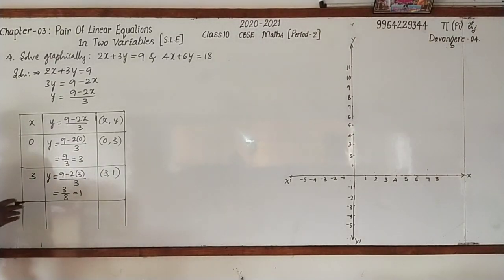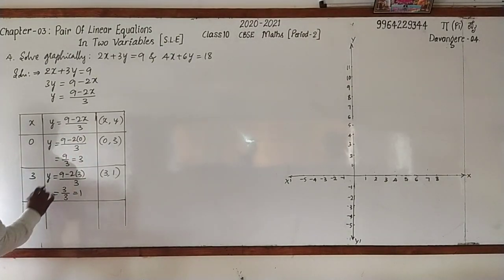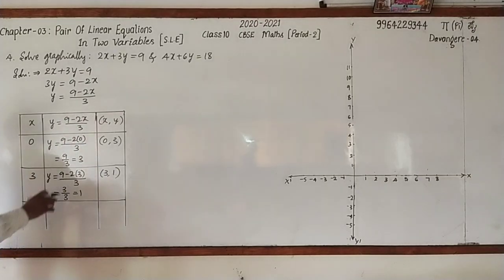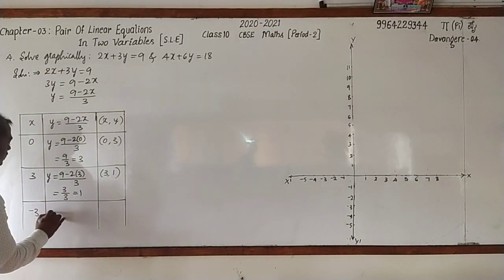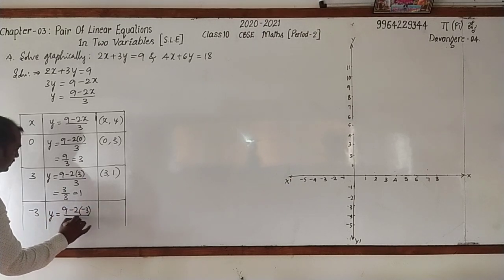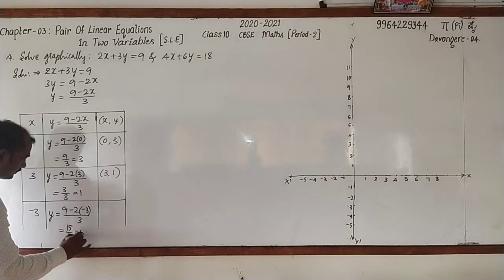Next, you can go for taking even minus 3 also. Minus 2 into minus 3 is plus 6. 9 plus 6, 15. Here I'll write, y is equal to 9 minus 2 into minus 3 by 3. It is equal to 9 plus 6, 15 by 3 is 5.